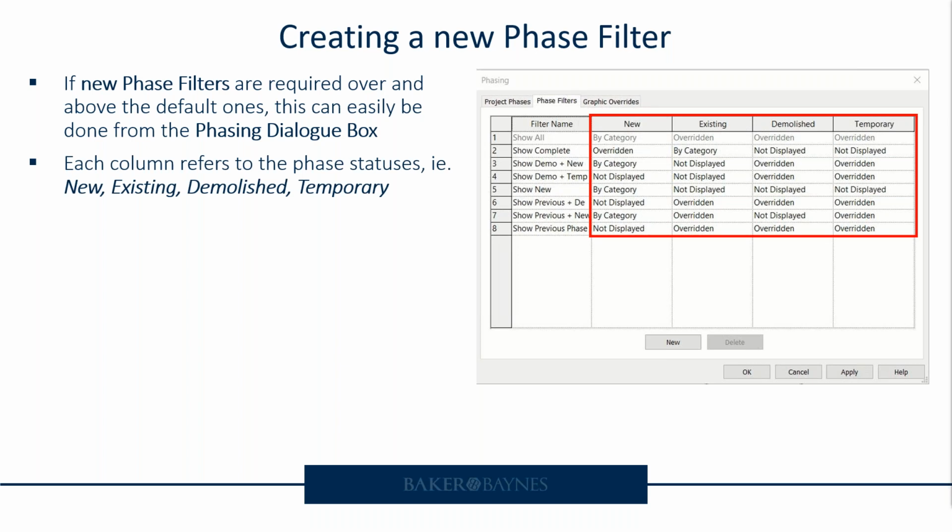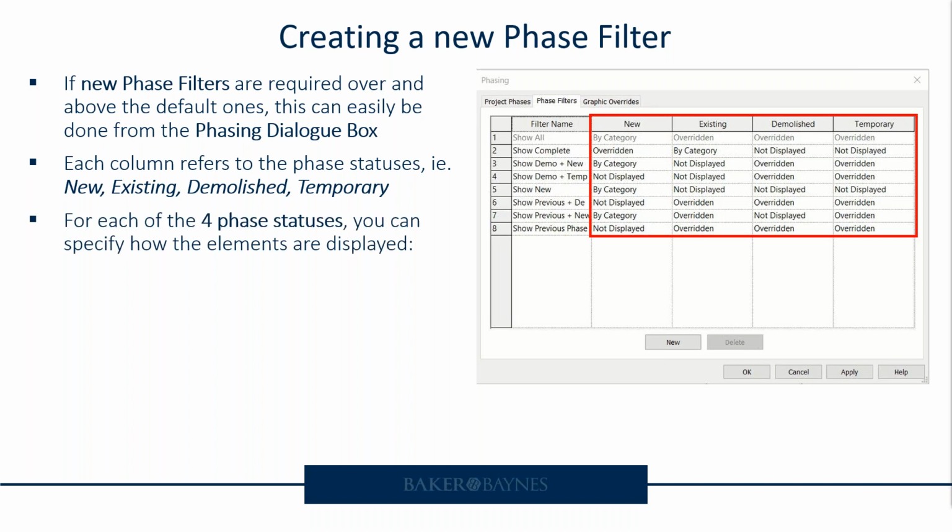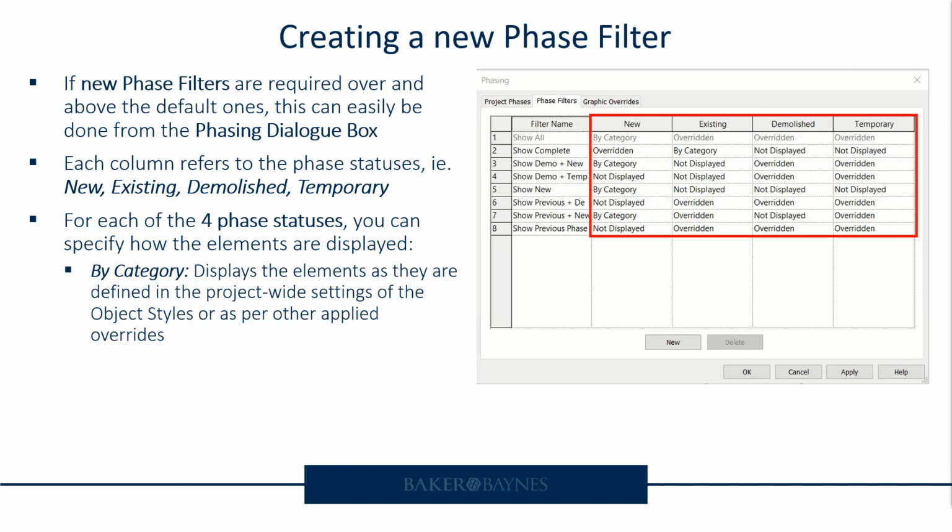And also, looking at the 4 columns, they represent the 4 phase statuses, which are your new, existing, demolished, and temporary. Then for each of these 4 statuses, like I've mentioned, you can specify how the elements are displayed.